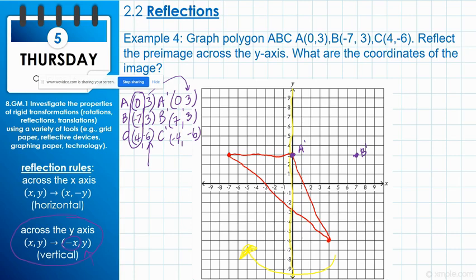And when I reflect my C value, it becomes negative 4, negative 6. And that becomes C prime. And I connect the values, which you should see, again, as best as I could, a reflection across the y-axis.